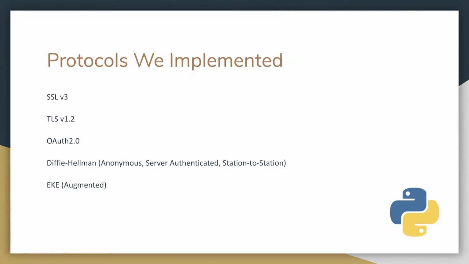So it has a similar idea as Diffie-Hellman, but with a password. And then the augmented difference is that the password is required to be hashed between the server and client, so it prevents an eavesdropping attack.